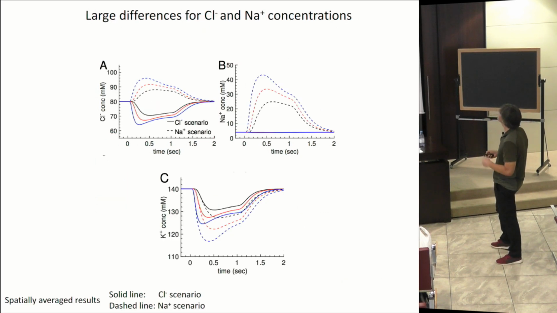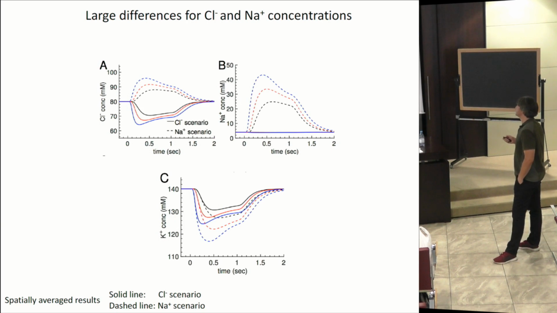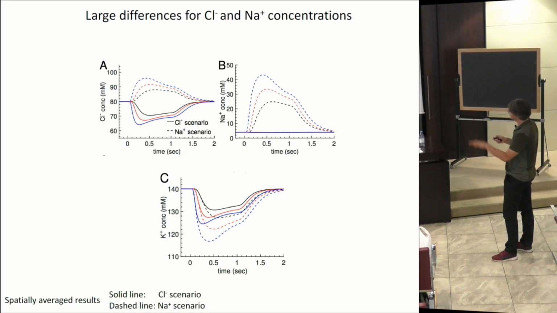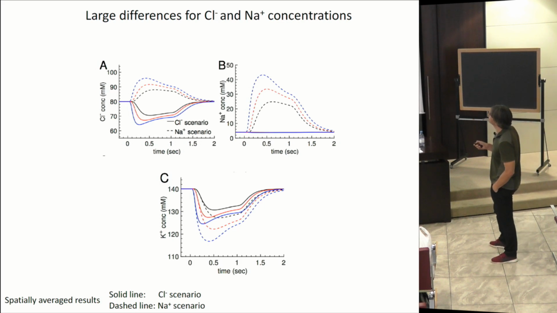But now you can look at the chloride and the sodium concentration. Here you start seeing big differences between the two scenarios. The solid lines are with the chloride current and the dashed lines are with the sodium current. As you can see, if you have a chloride outflux, the chloride concentration, this is averaged, I will show you the gradients in a second, but this is the average concentration, goes down in the cilia because chloride flows out.